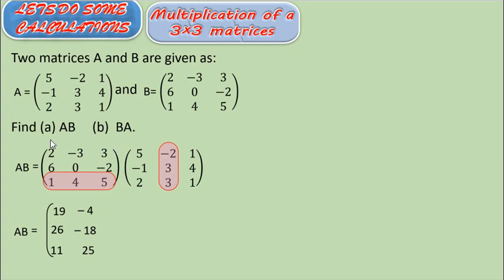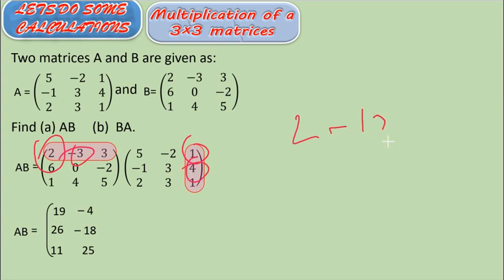That means row 1, column 3. So now let's do that. Row 1, column 3. Now, if you carry out row 1, column 3, what are you going to get? So you are going to see that 2 will multiply 1 to give me 2. Minus 3 will multiply 4 will give me minus 12.